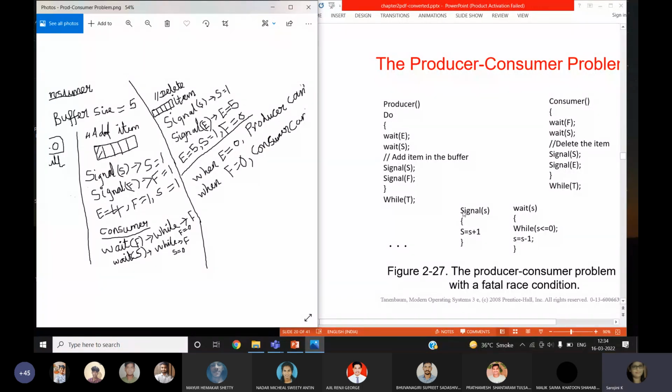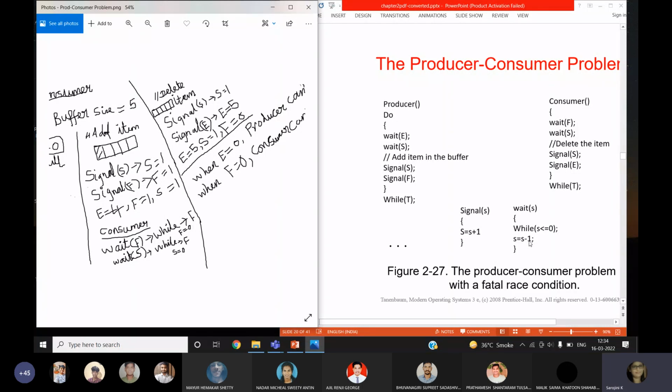Now the signal is incremented, no? Because of the F value only, the consumer could not enter inside the buffer. Now the consumer which was in the busy wait will be released here, because now F equal to what? F equal to 1. The condition fails. It will come inside. S equals S minus 1. Now the consumer is making S equal to 0.